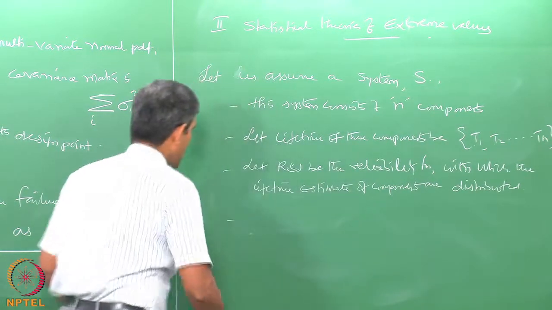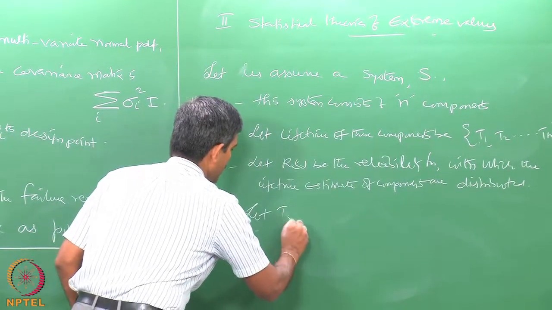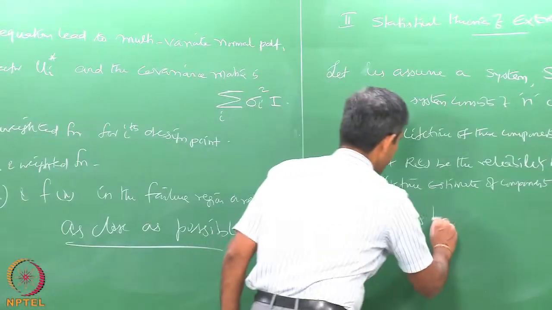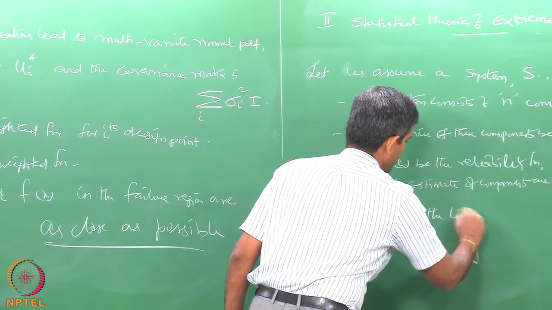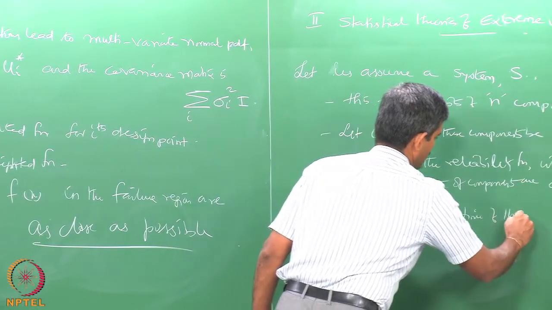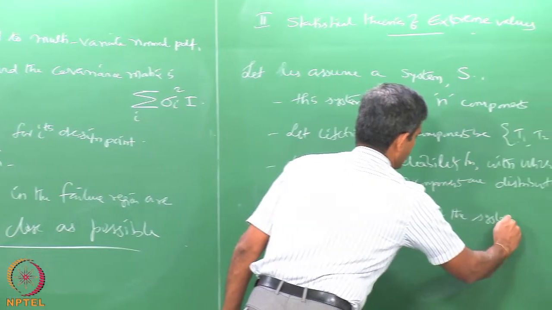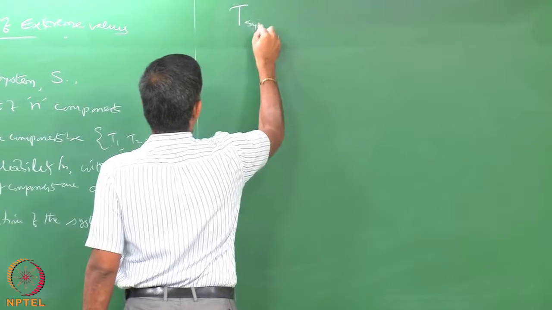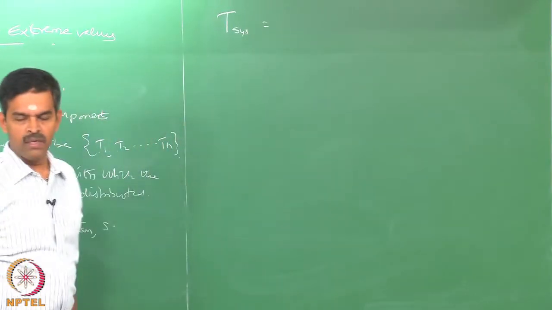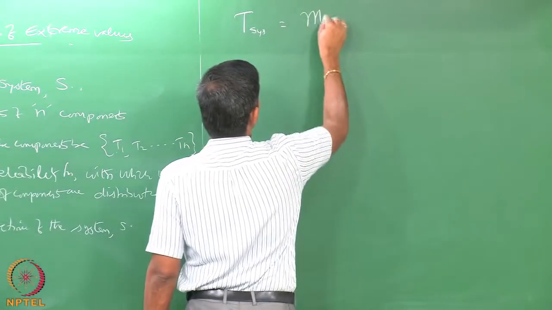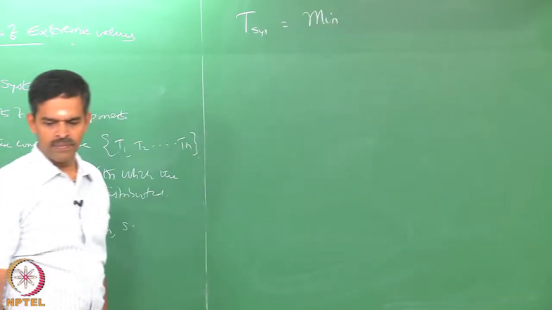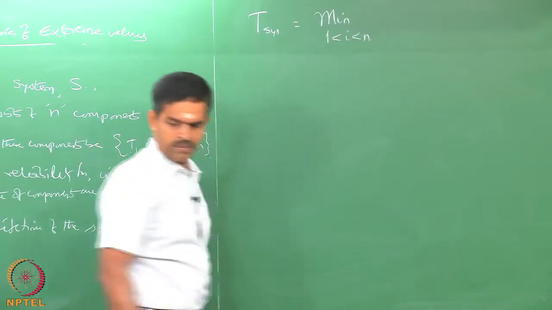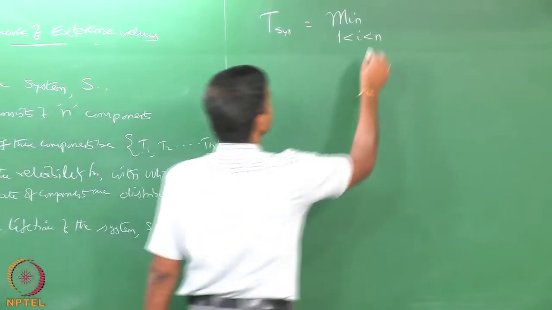So, therefore, let T sys, the system lifetime, be the lifetime of the system. T sys is actually given by the minimum over 1 less than or equal to i less than or equal to n of T i.